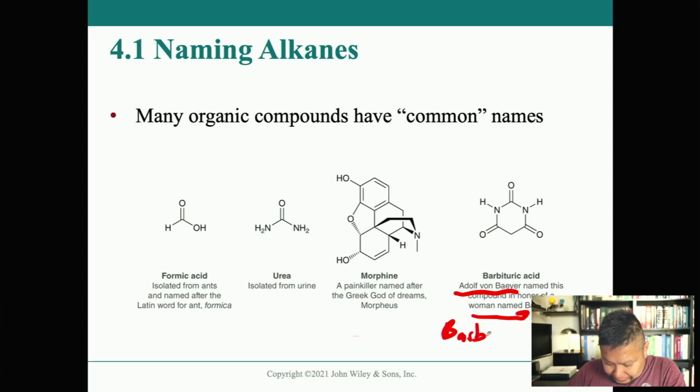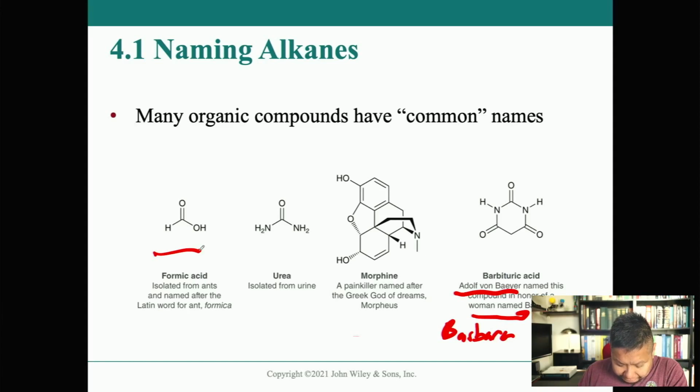I don't know who Barbara is. Maybe she was very special to good old Adolf von Baeyer, but that's how he named it. We'll talk about the naming system later for organic chemicals, in the lecture. But back in the day, chemists named things after whatever they wanted, whoever discovered the molecule. So then we have formic acid here, right?